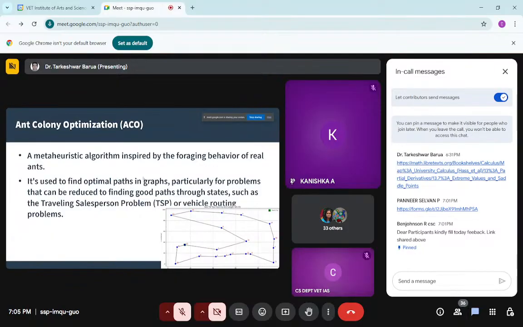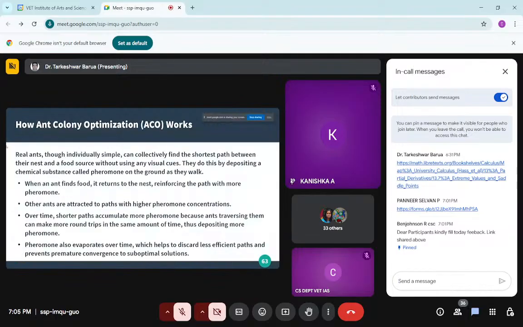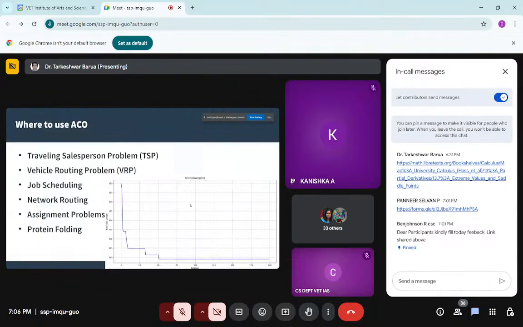Particularly the problem is finding a good path through the states, which is the traveling salesman problem, which we study in data structures. How the ant colony works, we have already discussed. So thank you for now.